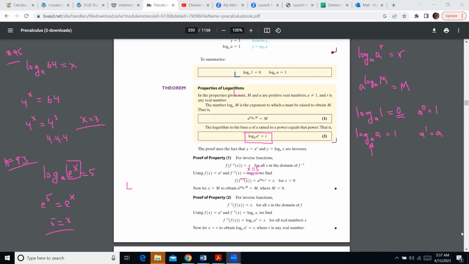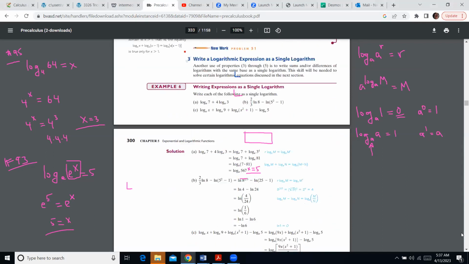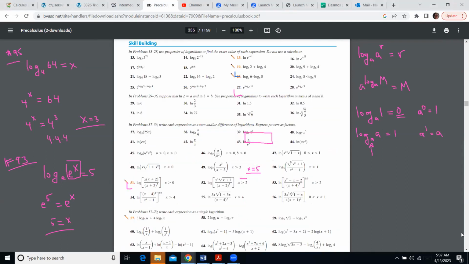I would like to practice using these properties today. At the end of the section, as usual, we see a number of exercises. So why don't I try a problem like exercise number 13 to start. That says logarithm base 3 of number 3 raised to the power of 71. What is this going to be equal to?